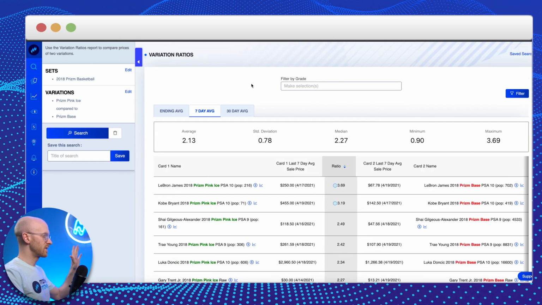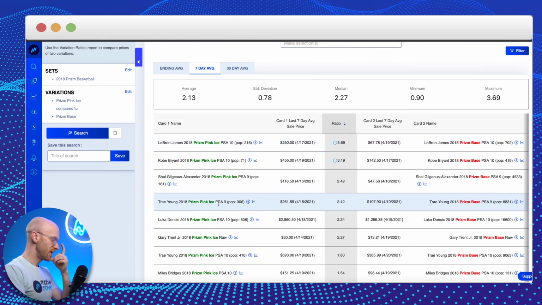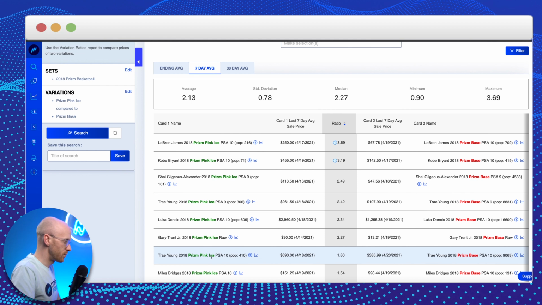And what I've done is put in 2018 Prizm basketball into my set, and I'm comparing Prizm Pink Ice to Prizm Base. I've gone over to the 7-day average, and I can scroll down here, and what I can see right away is Trae Young's Prizm Pink Ice PSA 9 to his Prizm Base PSA 9, and also his Prizm Pink Ice PSA 10 to his base PSA 10.